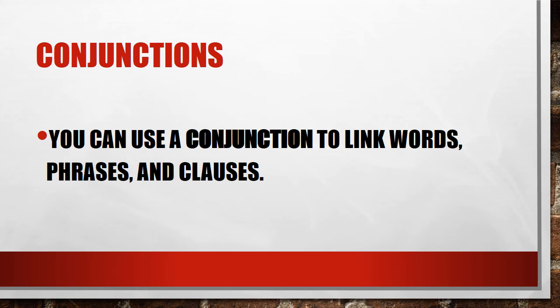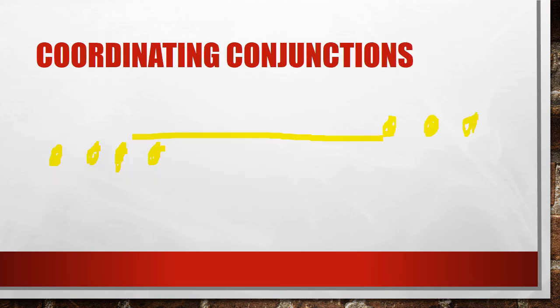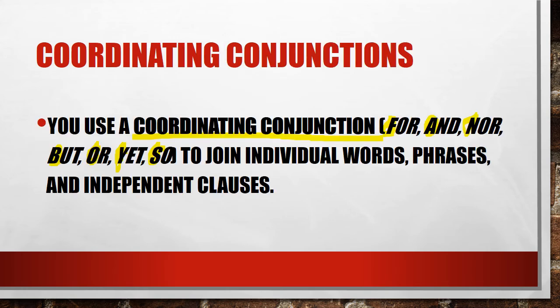Conjunctions. You can use a conjunction to link words, phrases, and clauses. Let's take a look. Coordinating conjunctions. You use a coordinating conjunction, for, and, nor, but, or, yet, so, to join individual words, phrases, and independent clauses. Now, these are the only coordinating conjunctions, and a great acronym to remember them is FANBOYS.